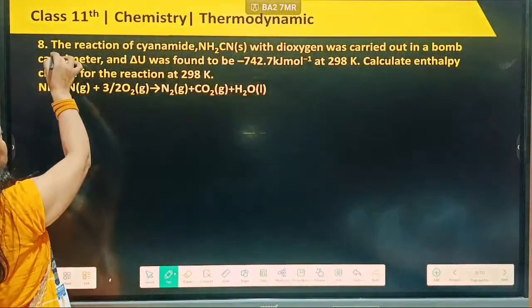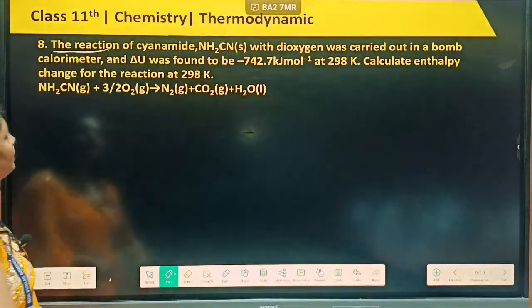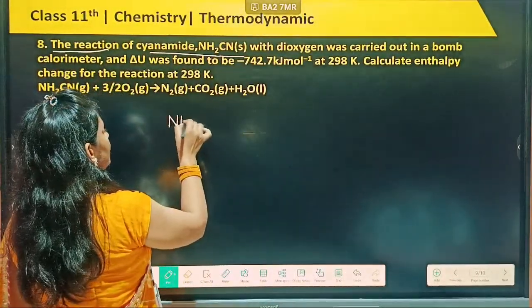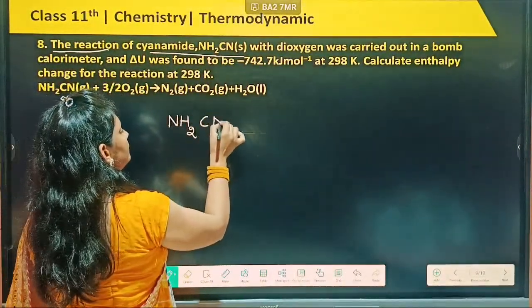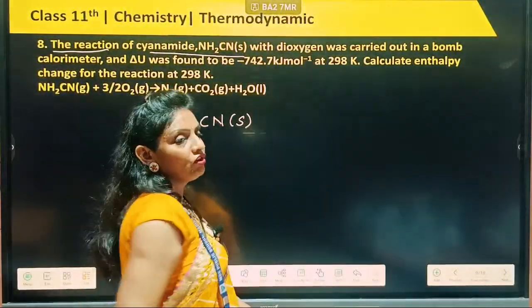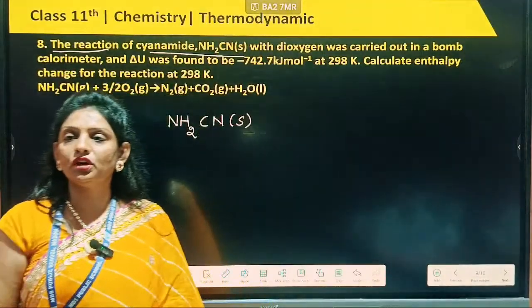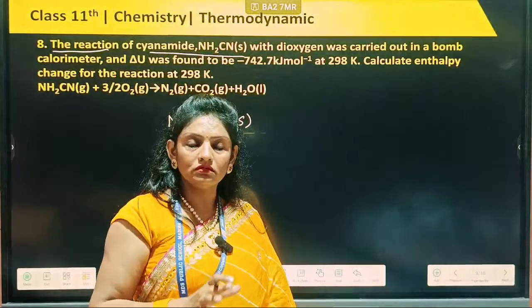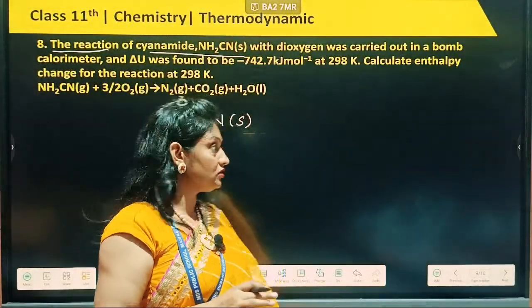Okay, so next question is question number 8. The reaction of cyanamide, NH2CN, it is solid in state. You will write the physical state also, because in thermodynamics we need to see about the physical states also.